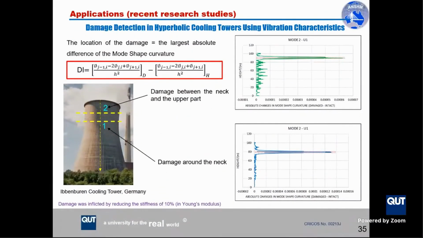Another recent study is the damage detection in hyperbolic cooling towers using vibration characteristics. In this study, we use the largest absolute difference of modal curvatures to locate the damage locations. For example, we have two damage scenarios here, one around the neck and one in between the neck and the upper part.